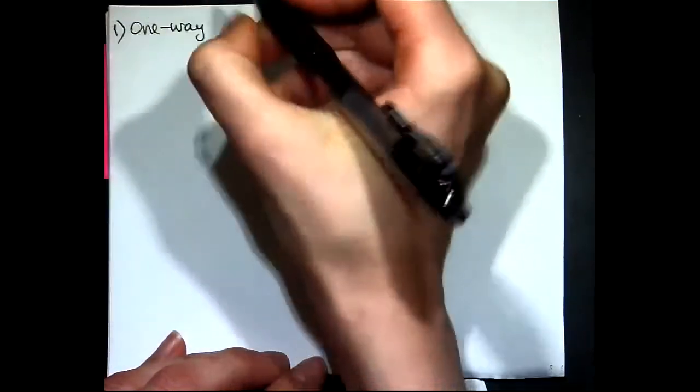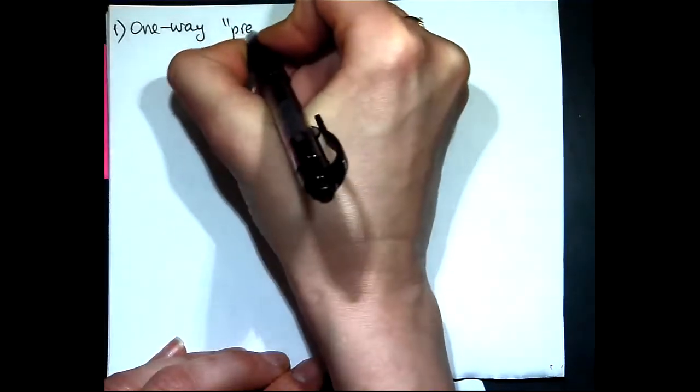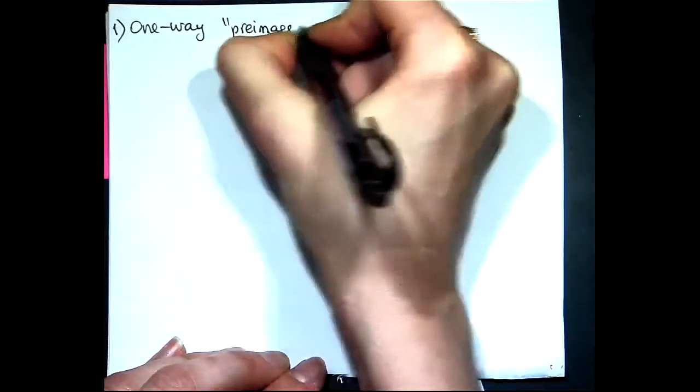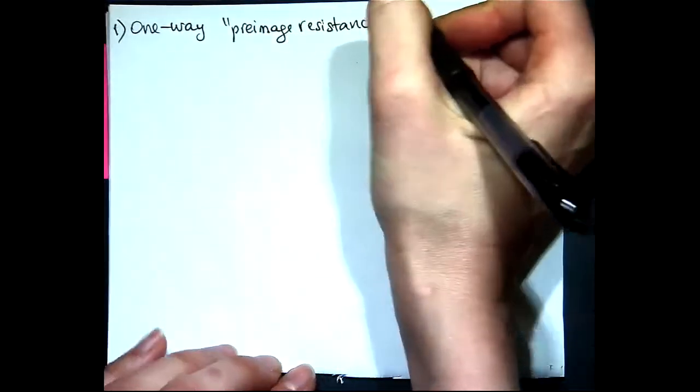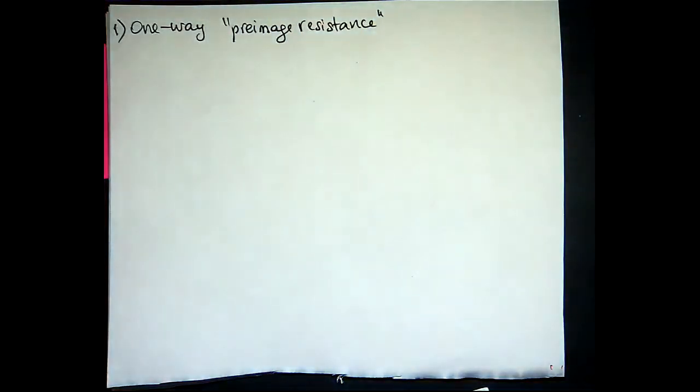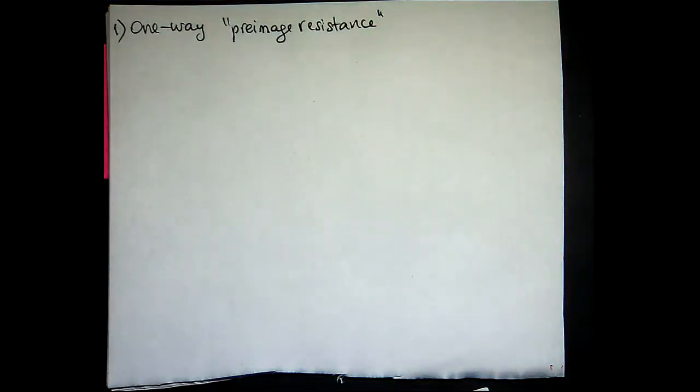So one way. This one is also called pre-image resistance. Essentially because it's hard to find the pre-image. So given a hash, the pre-image X that led to that hash should be hard to find, so it's resistant to finding that pre-image.